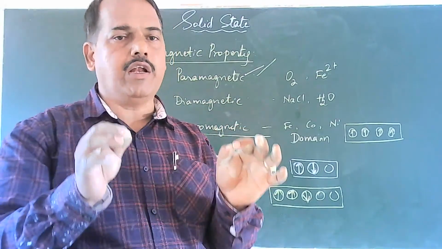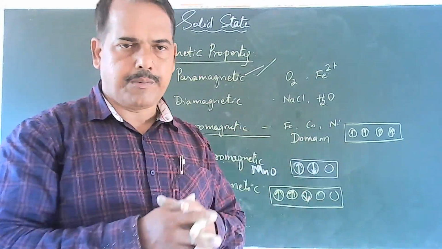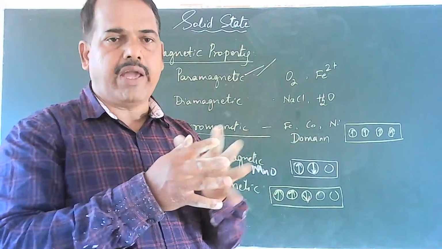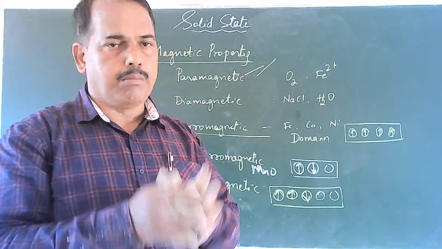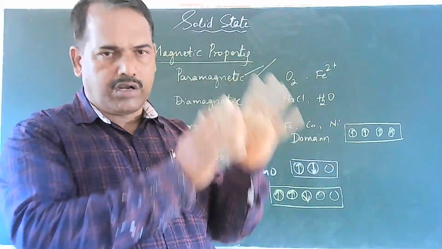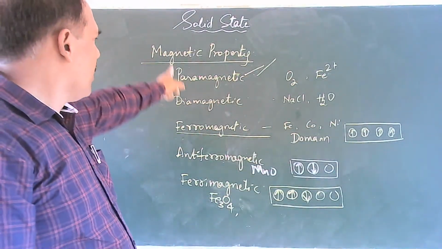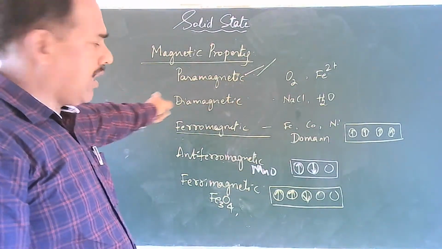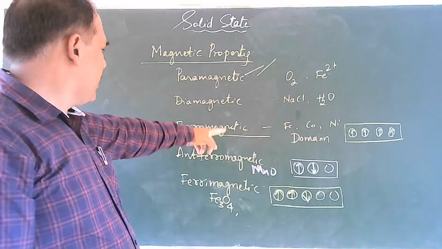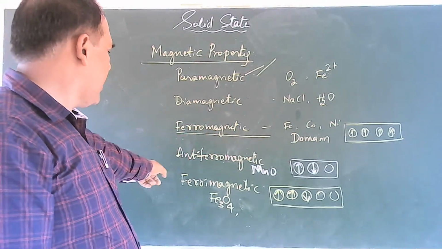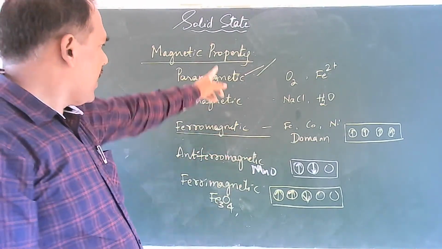That gives rise to a magnetic moment in any substance. So magnetic materials are classified into paramagnetic, diamagnetic, ferromagnetic, antiferromagnetic, and ferrimagnetic.